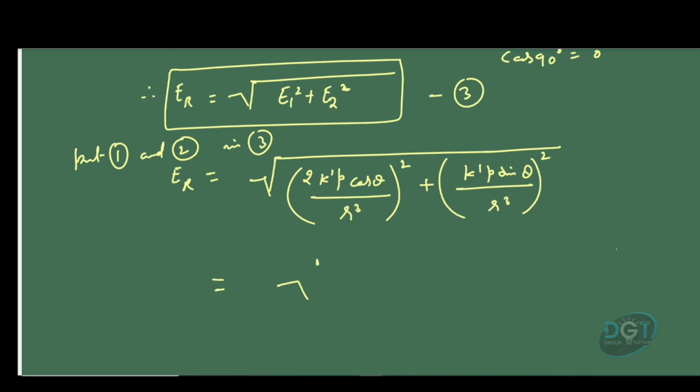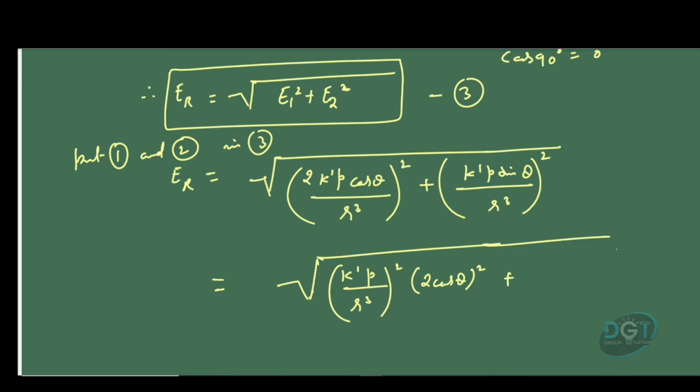So now this we can write as square root of (k'P upon r cube) whole square into 2 cos theta square plus (k'P upon r cube) square into sin theta square.